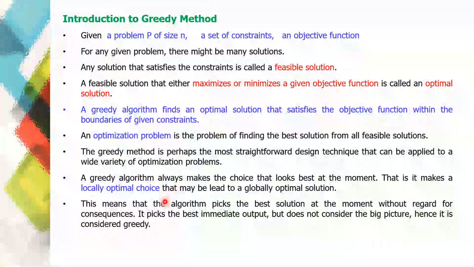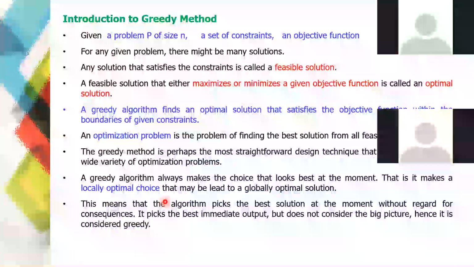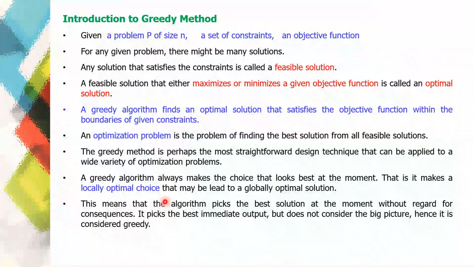Now, solutions can be locally optimal or globally optimal solutions. What is a locally optimal solution? As I said in the earlier example, traveling from home to my college, the optimal solution is to take a shared auto. Maybe that's the best solution I have.